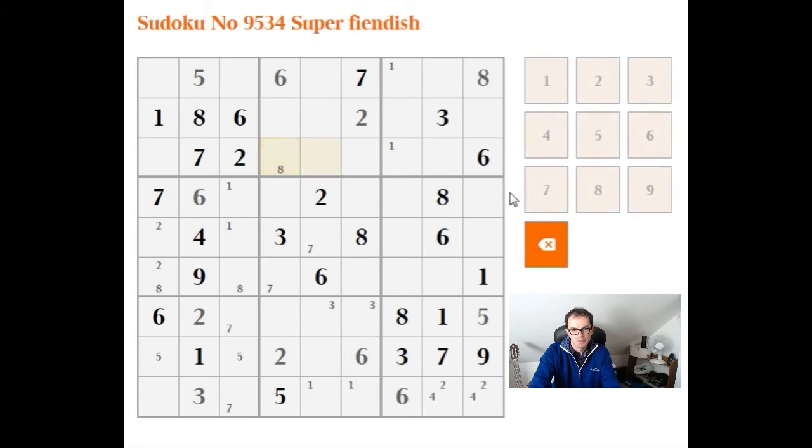Let's just put a couple of 8s like that. Now, again, some people's notation would allow them to write 4 and 7 somehow in this cell, because this cell can only be a 4 or a 7.